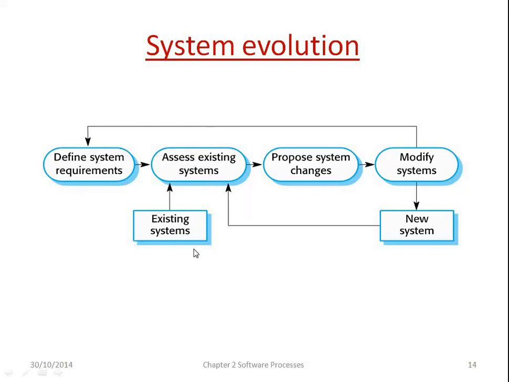It may be an existing system, or you have to define new requirements, and based on those requirements you propose system changes and modify the system, and it produces the new system, and then it goes on to assess the system again. So this cycle is called system evolution.